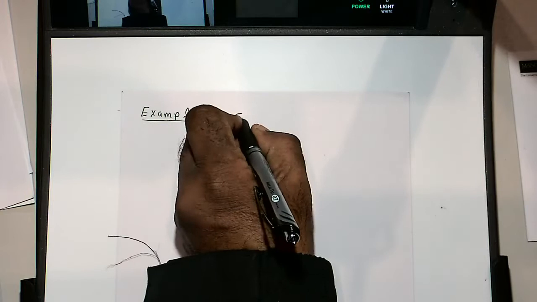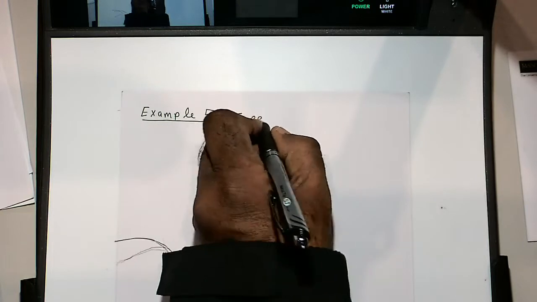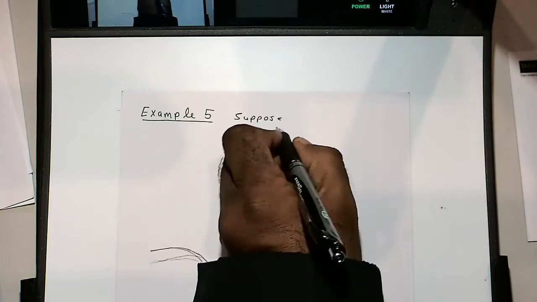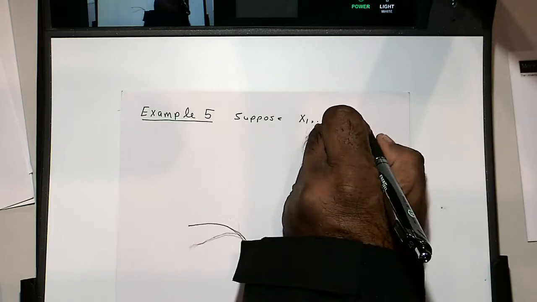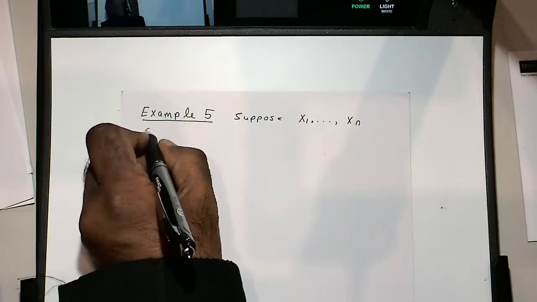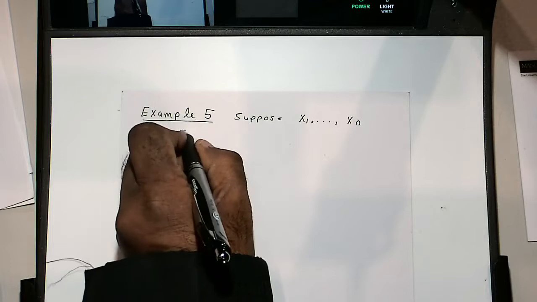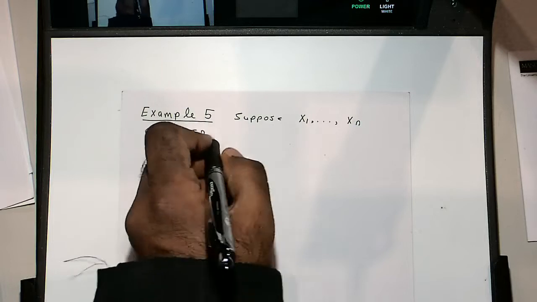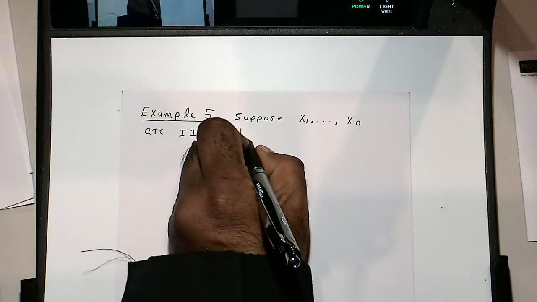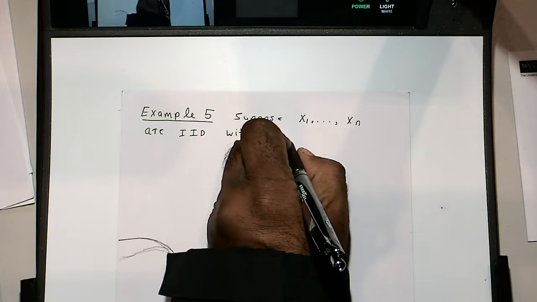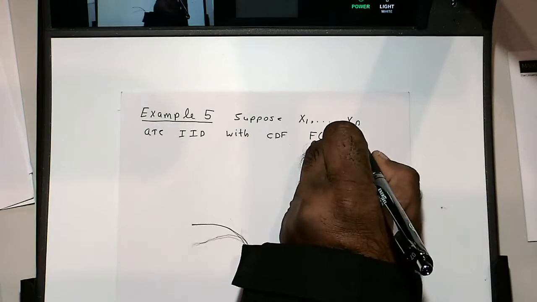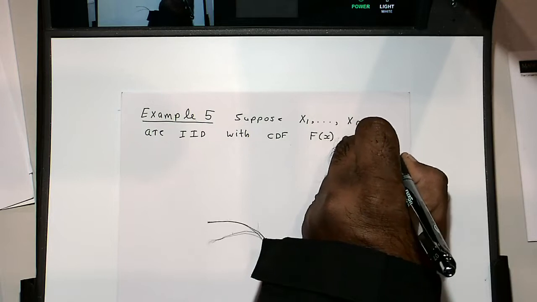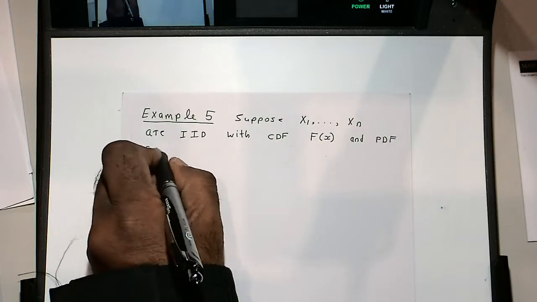Now, I don't know whether you guys did this in probability 1 or not, but let me tell you what. Suppose you have a sample which are IID, with CDF equal to capital F of x and PDF equal to little f of x.